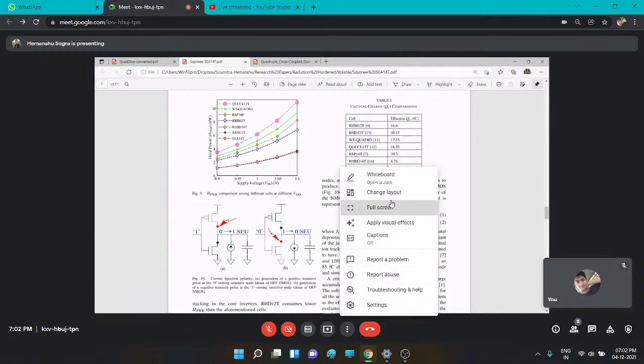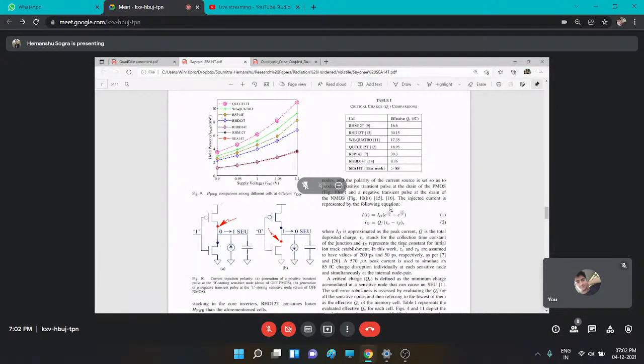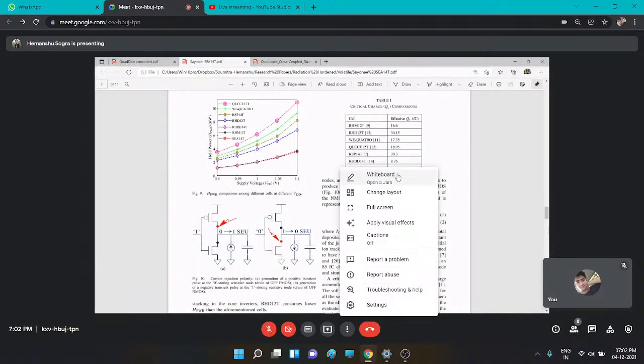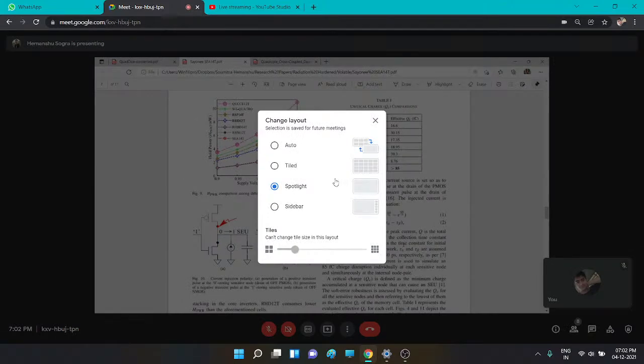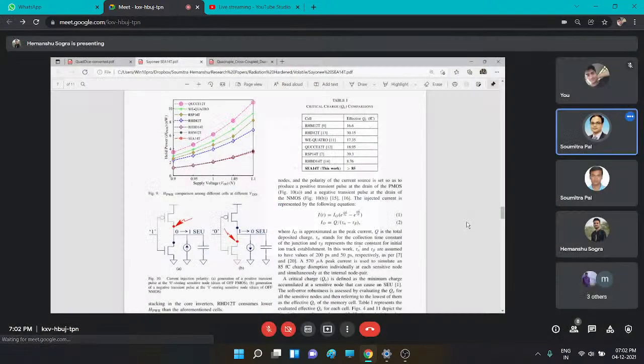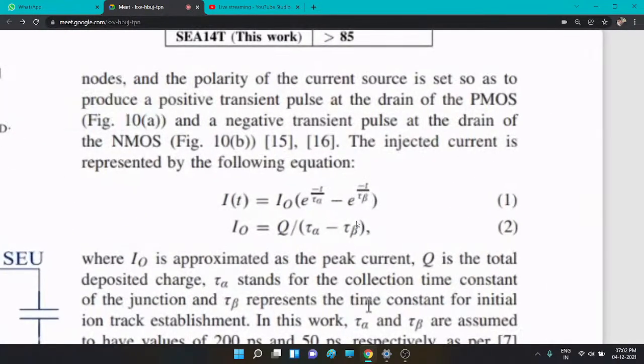Tau alpha is the fall time and beta is the rise time. So from here also you can find out the critical charge. Q equals I0 into the difference, T alpha minus T beta. So like that, people are calculating critical charge. I0 is the peak current which you are applying. Do you understand?